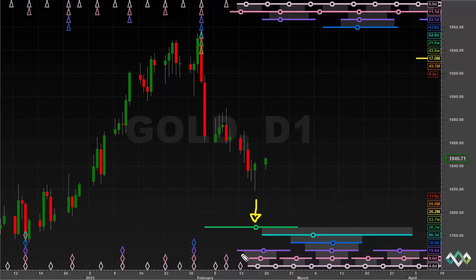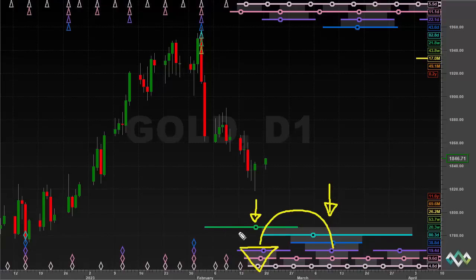And then below that, we have a nest of lows for the 20-day cycle trough. The implications of this are that we were expecting a 20-day cycle trough to form at the end of last week. Therefore, we would expect one more 20-day cycle to elapse until this 20-week cycle trough forms in the first week of March.